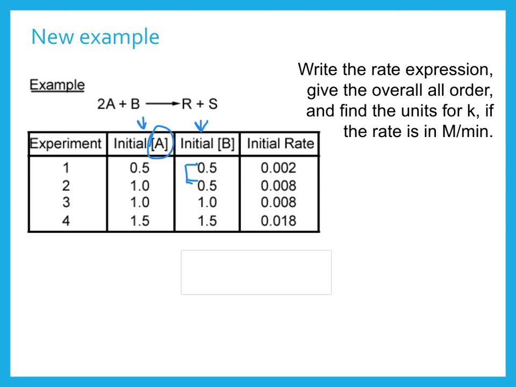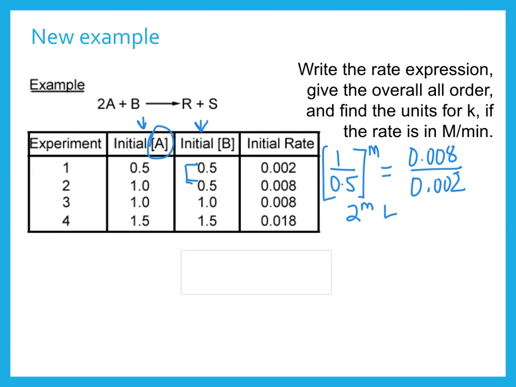That means that all the rate change is due to our change in A. We would then say, all right, 1 over 0.5 raised to the m power, because that's my concentration, is equal to 0.008 over 0.002. And when I solve that, I get 2 to the m equals 4.